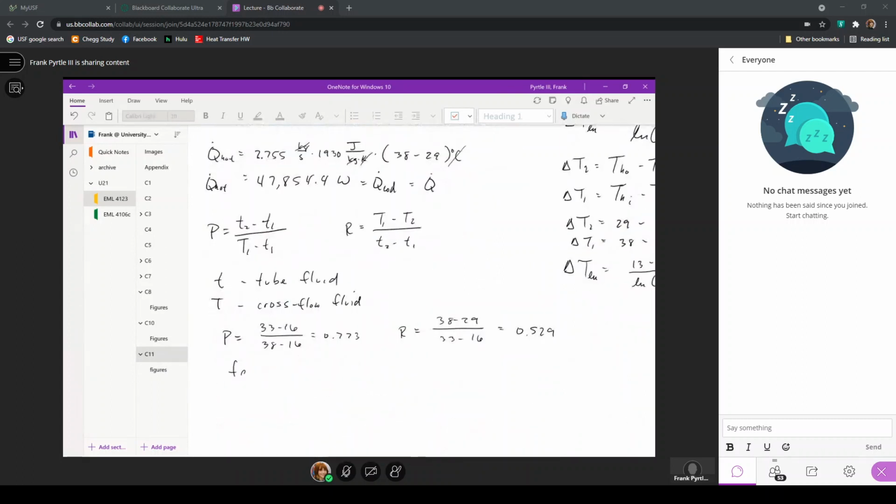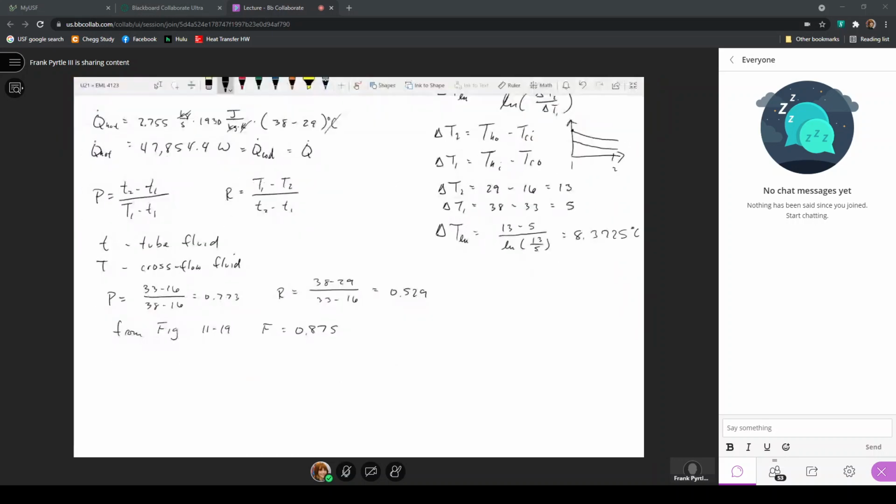So from figure 11-19, F, I'll just say, is equal to 0.875 here.